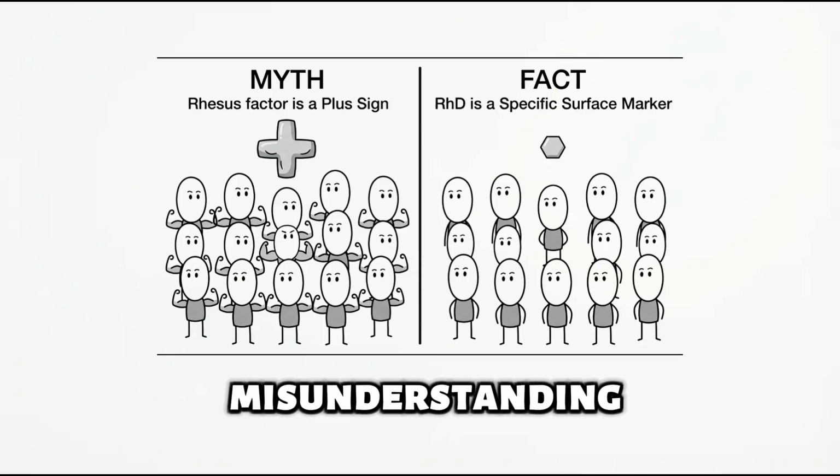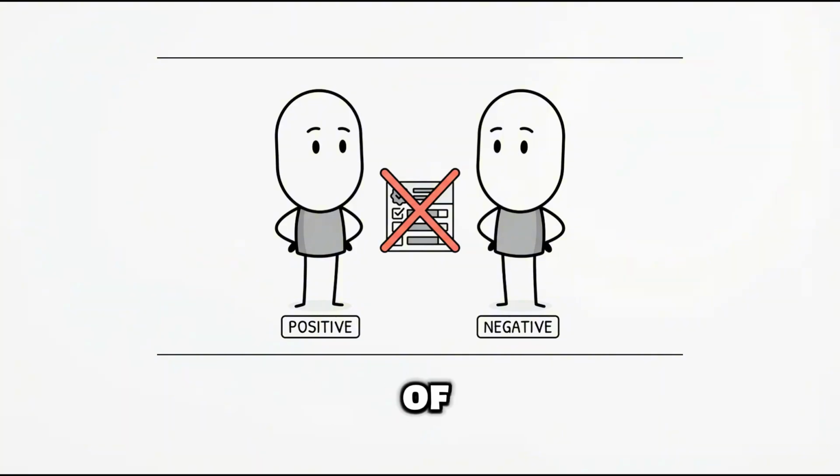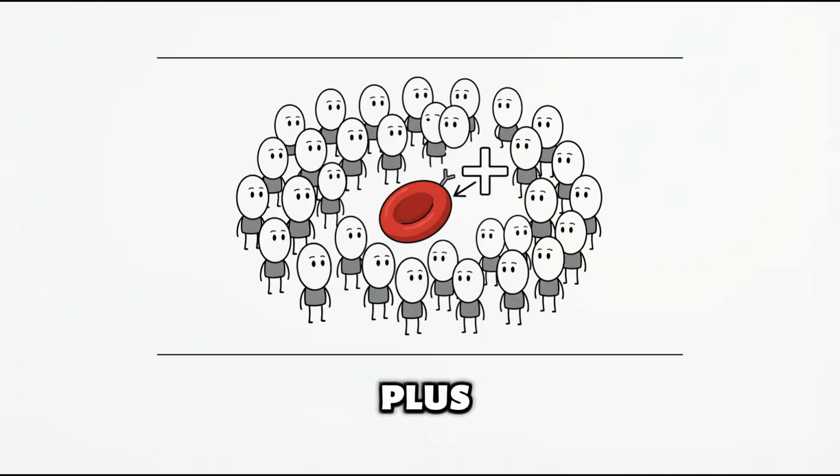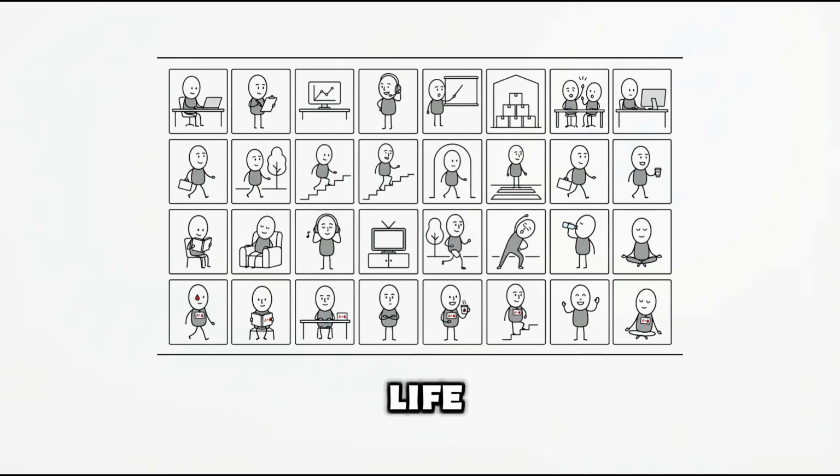One common misunderstanding is that the plus sign means this blood type is stronger, healthier, or of higher quality than a negative blood type. The plus sign only shows that the RhD antigen is present on the red blood cells. Being rhesus positive is an inherited characteristic, not a measure of a person's health. In everyday life, most people with A plus blood do not feel any physical difference.